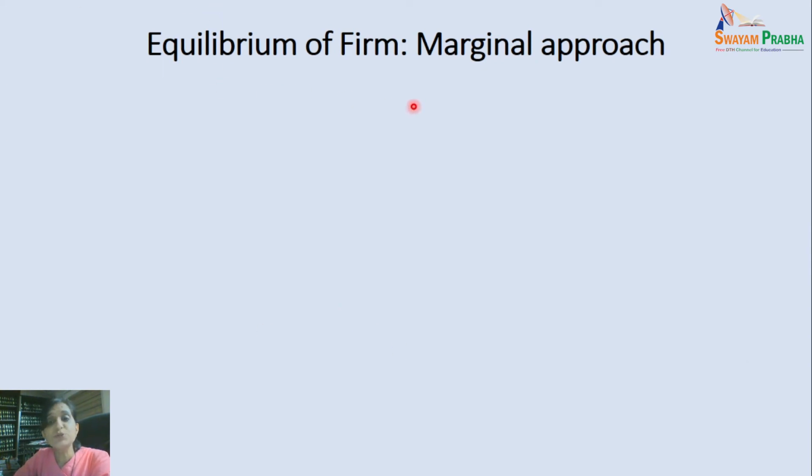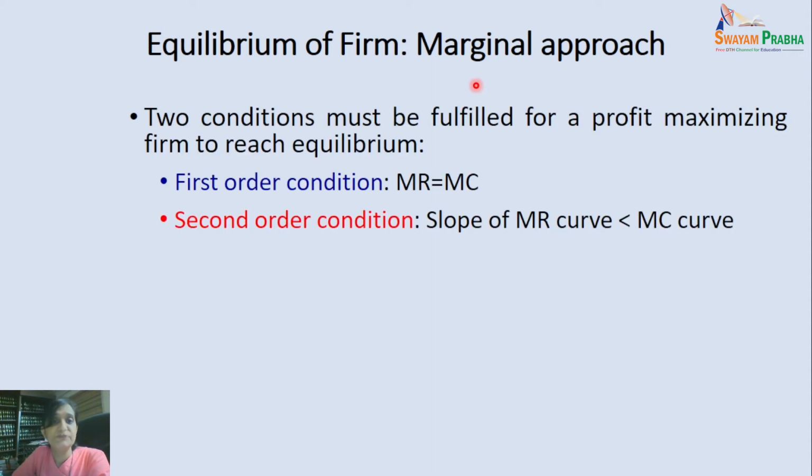The other approach we said is the marginal approach, wherein we take into consideration the marginal revenue and the marginal cost of the firm. We have already discussed what marginal revenue is and what marginal cost is.